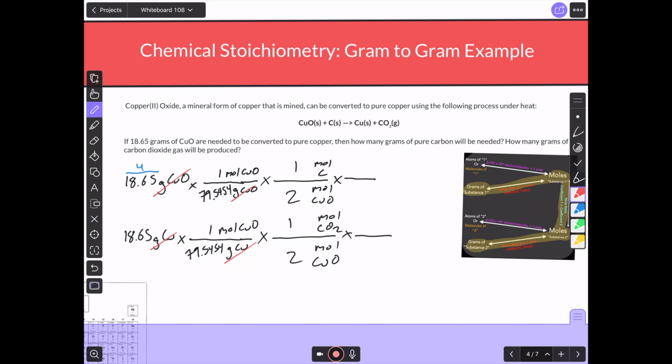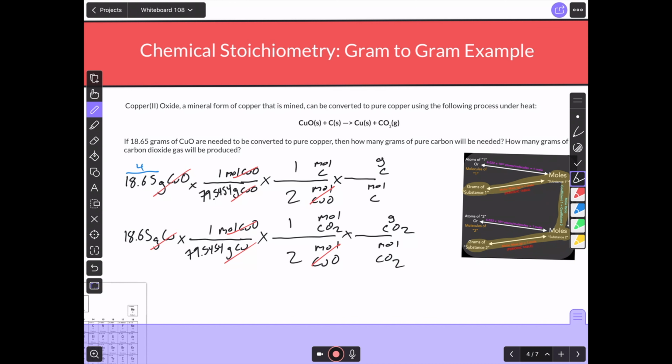We say, okay, let's cancel out our copper oxides. All right, we're left with moles of carbon. I need to now get the moles of carbon to grams of carbon. So we know that moles of carbon needs to go on the bottom. I know that moles of carbon dioxide needs to go on the bottom. And that if I want grams, I need grams of carbon on top. If I want grams, I need grams of CO2 on top.